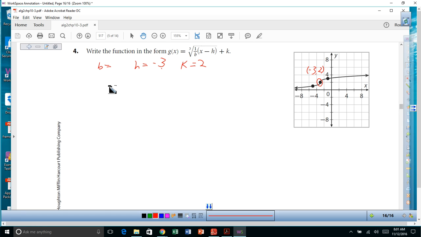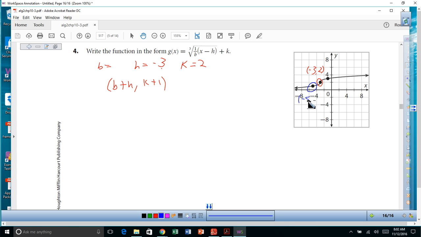Now we're going to use b plus h, and we have k plus 1. Well, we need to find a point of inflection. We can use this one, or we can use this one here. That one's not too bad. So what is that?